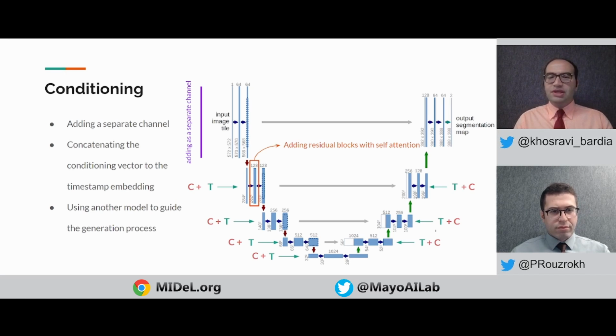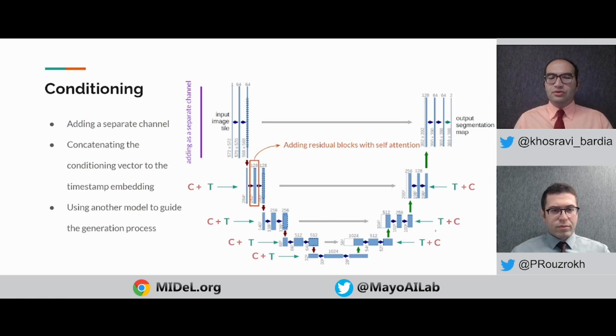The other way would be adding class tokens, or class embeddings in the form of text, to your time step T. So these T's that will be added to each block of the network can also carry some class information as well.